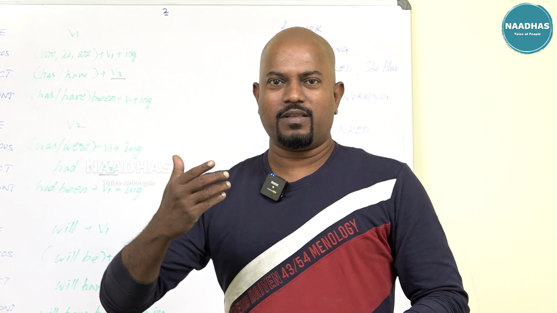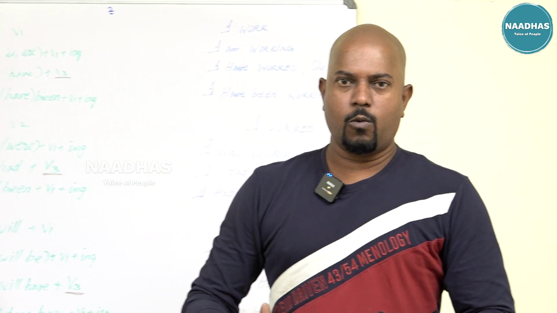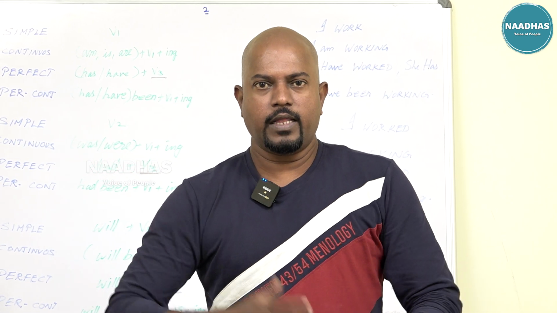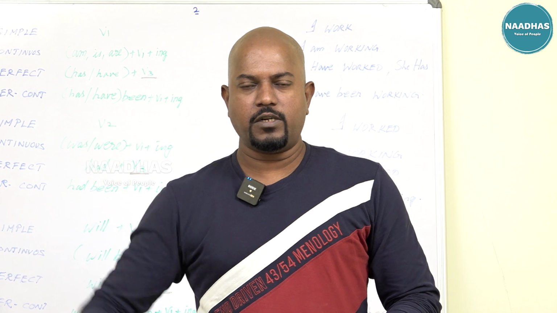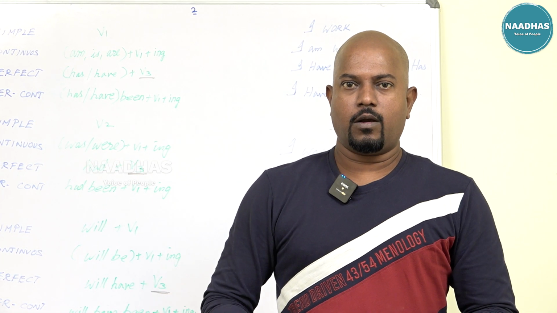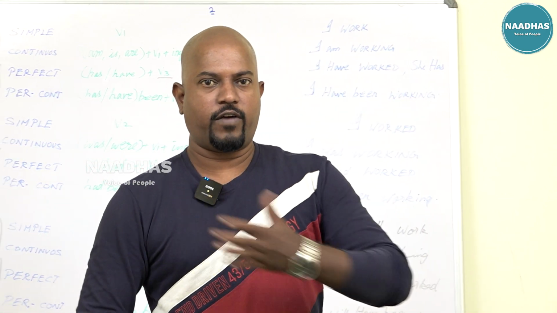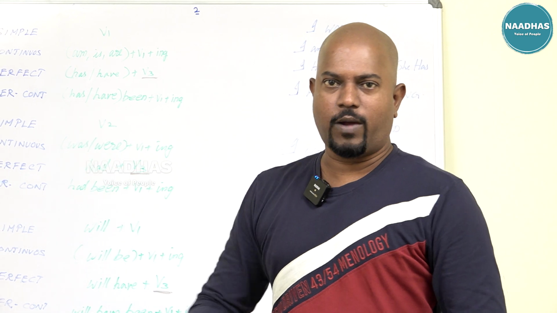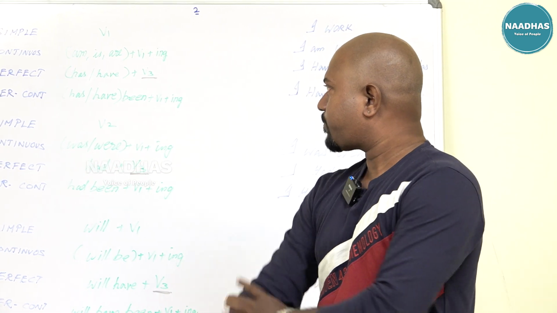I'll give some simple examples which are easier for you to understand. Then we can focus on more examples, and we'll put different words or daily used conversational words, and we'll frame sentences and do exercises with these 12 tenses, all right? Fine.